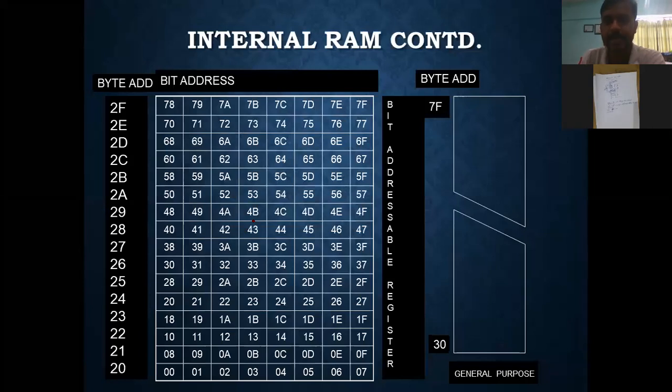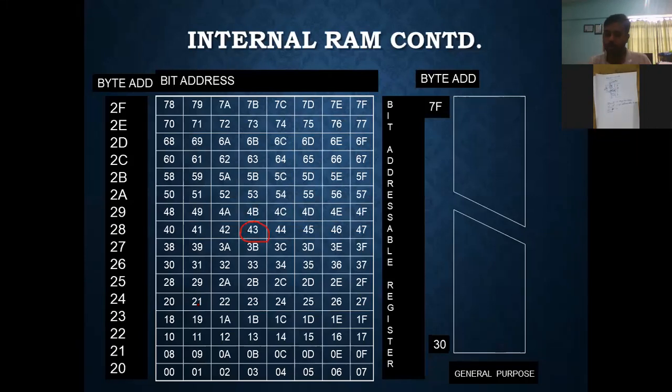So we are discussing that this is 43H. We have asked that if the bit address is 43, then what is the byte address and which bit particularly? So we need to remember this chart and memorize it, and the byte address is 28, and the bit is the D3 bit, that is the fourth bit.